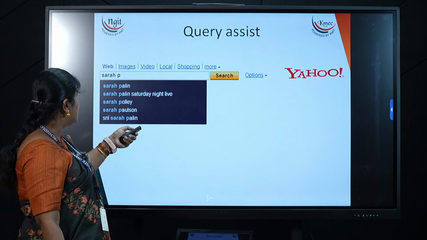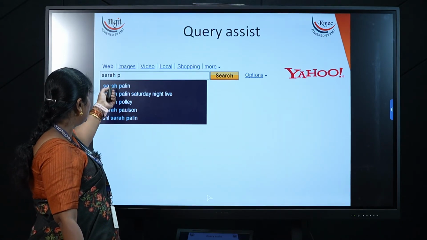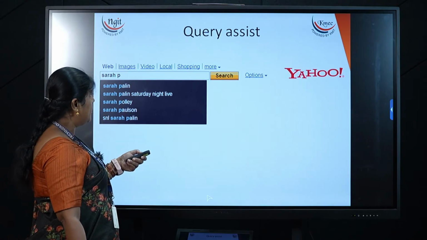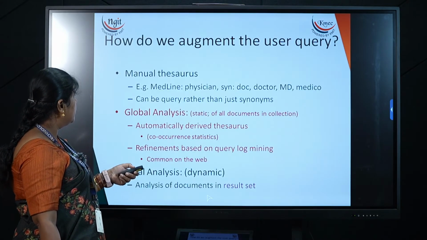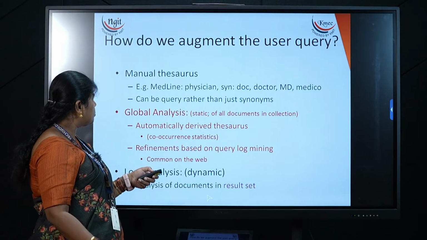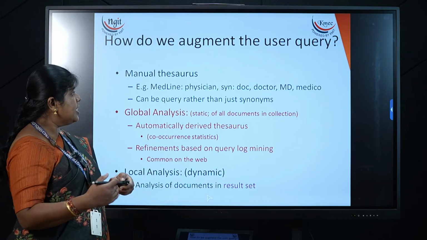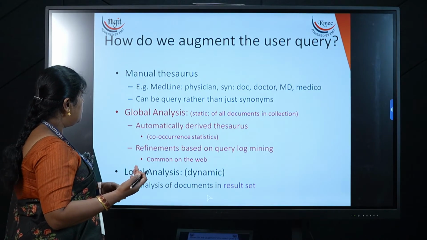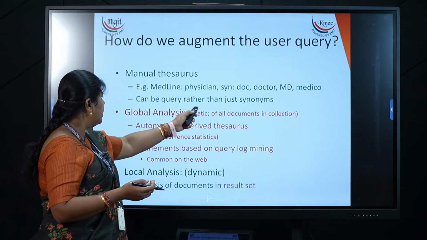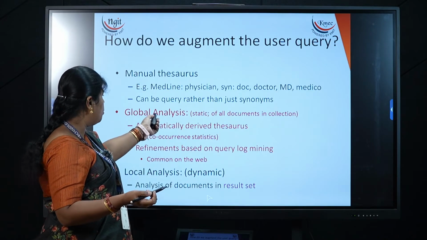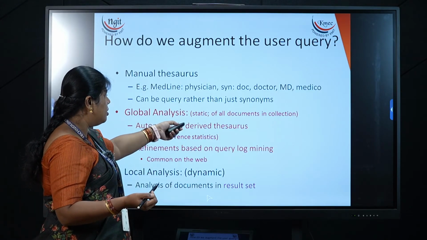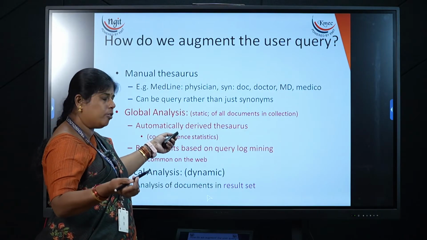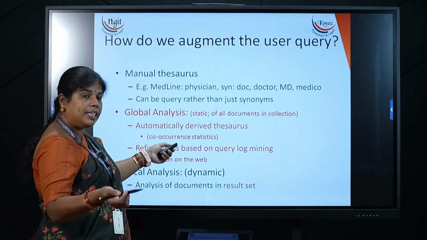Now, as I told you, when I am searching for a word, I get the corresponding synonyms here. So, how is a thesaurus helping you with your query? It is just synonyms, and it helps me perform global analysis, meaning I am trying to retrieve automatically all those documents which I may need.